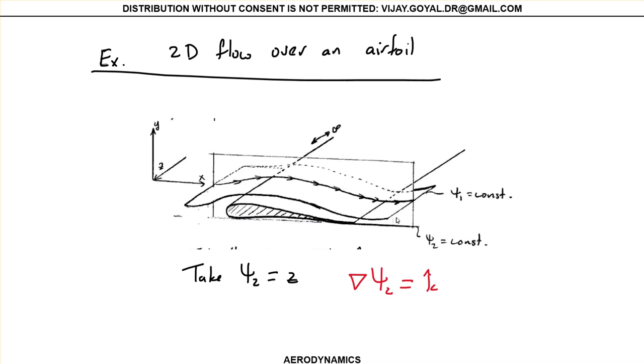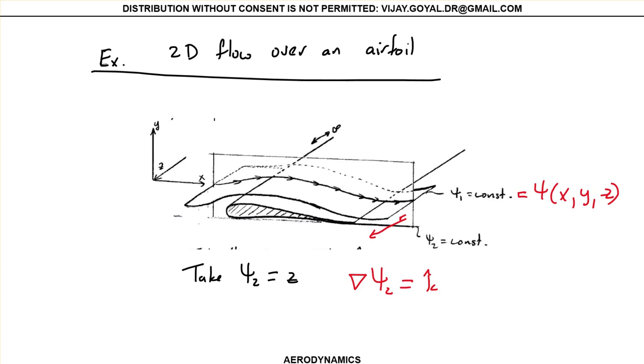So what I am saying is, if I took a normal to this surface, this is what the gradient is, and that will give you the k direction. That makes sense because this is the k direction. Now, you have that, and now your psi 1 is actually a function of x, y, and z, because it's a three-dimensional flow now.